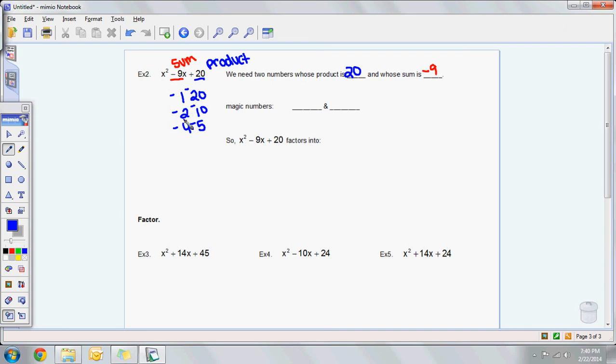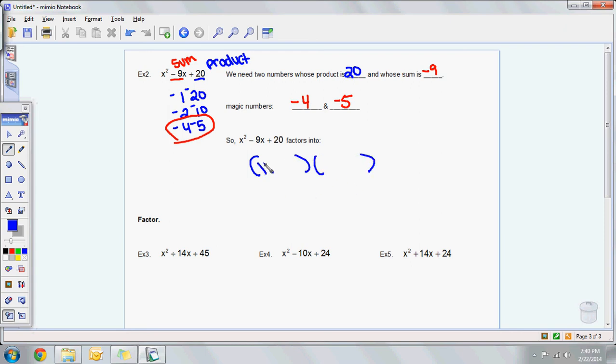So which one of these combinations would add up to negative 9? And right now it would be this last set of factors. So negative 4 times negative 5 gives you a positive 20. And negative 4 plus negative 5 gives you a negative 9. So those are my magic numbers. So I'm going to write them in my binomials by factoring.